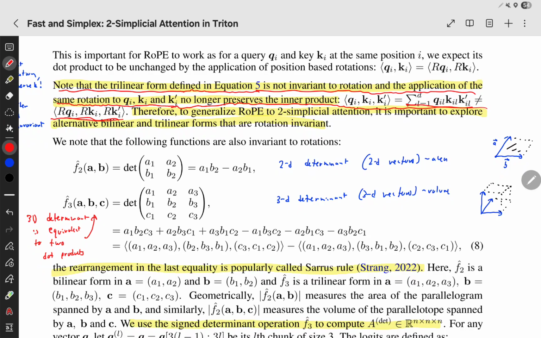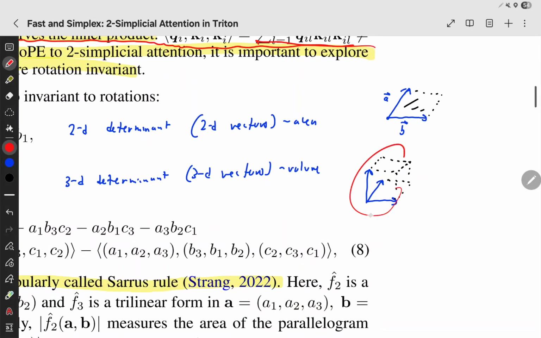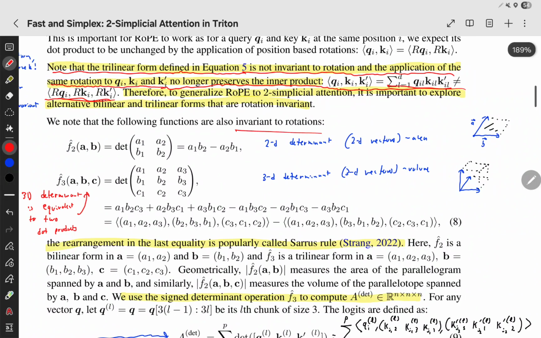They mention 1 and 2 dimensions, but imagine we have, say, 3 vectors here. You can rotate this however you want, and it's invariant to rotation. That makes sense. The determinant is invariant to rotations.